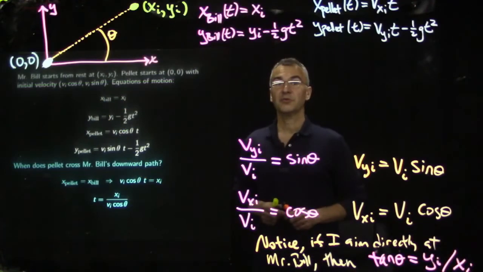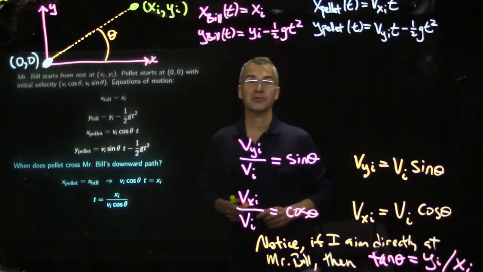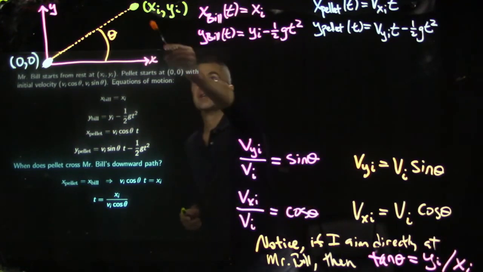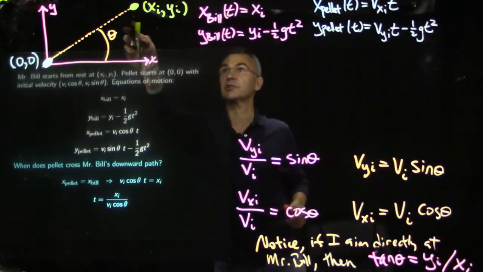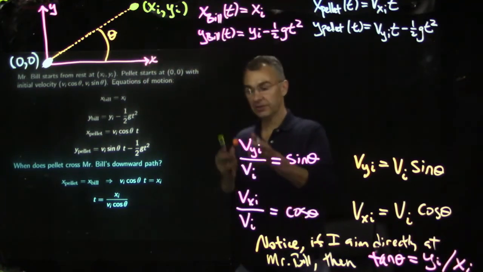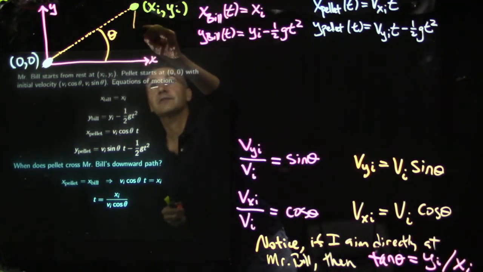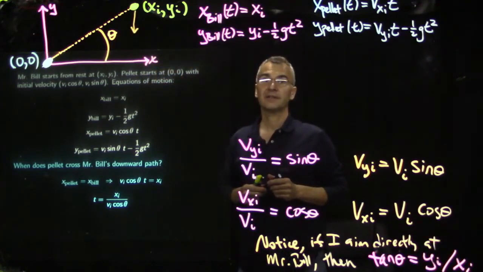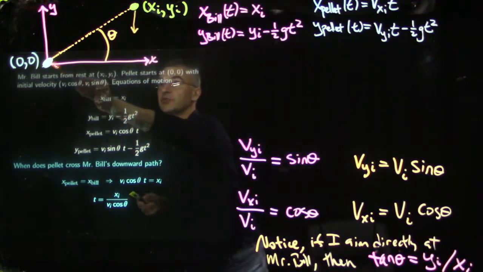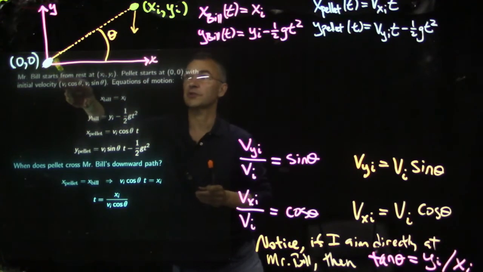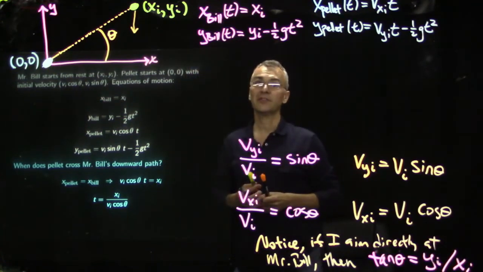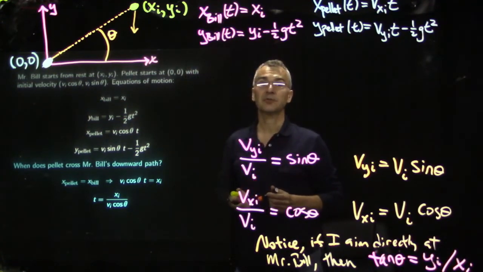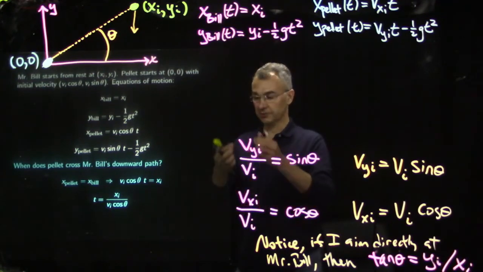So let's review our assumptions. Mr. Bill starts from rest at x initial, y initial, and he drops straight down. The pellet starts at x equals 0, y equals 0. And let's say I am going to aim directly toward Mr. Bill.